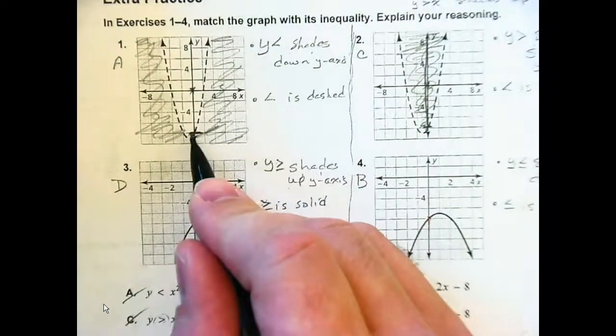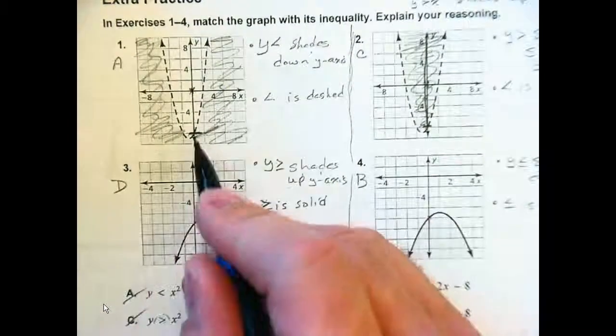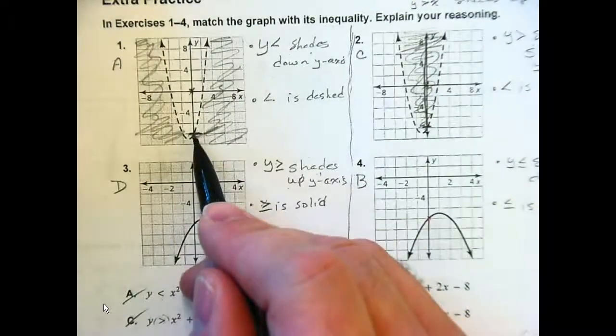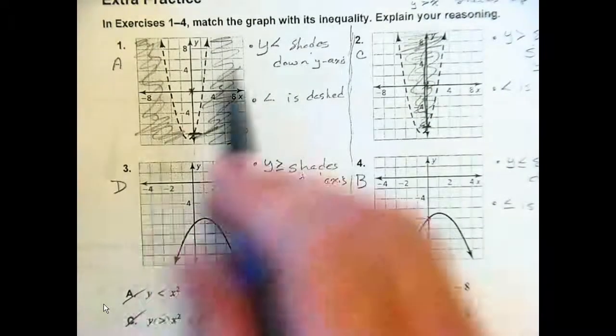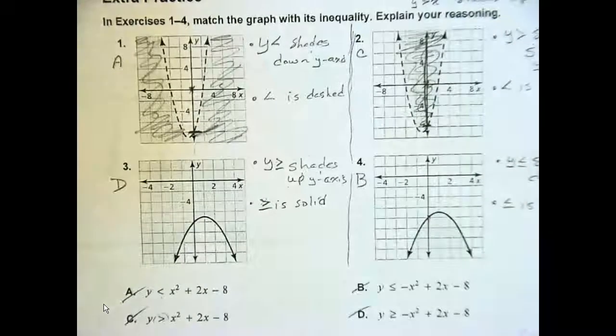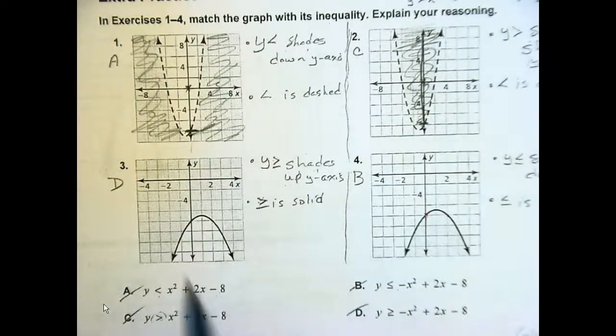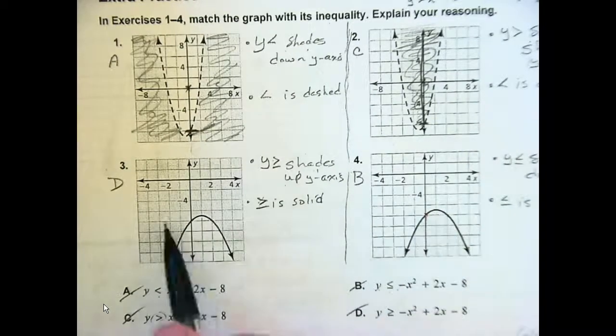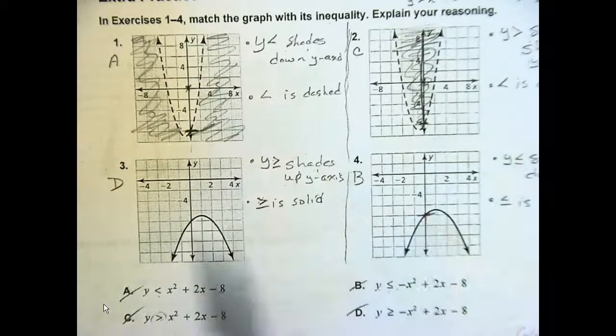Versus here, my y-intercept is negative 8, and it's a less than, so I shade down the y-axis, which would be everything on the outside. Okay, the same thing over here. This one, when I have y is less than, that means I have to pick the graph that shades down the y-axis from my y-intercept. Which one is that?